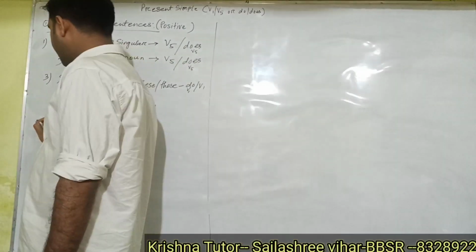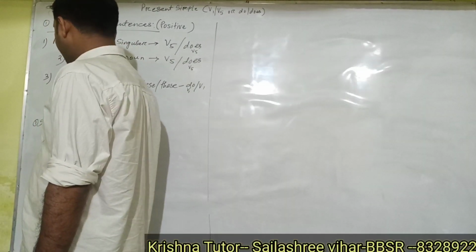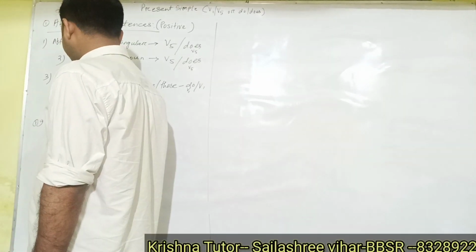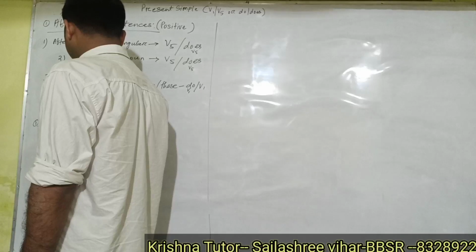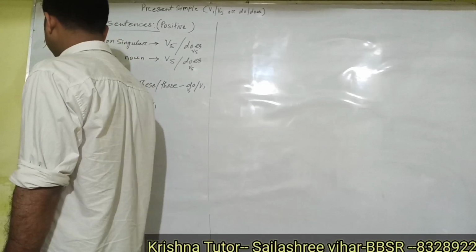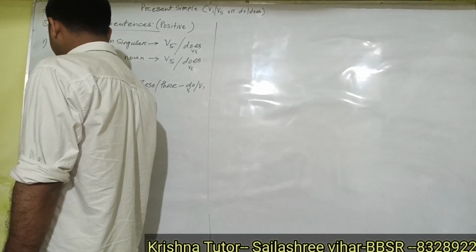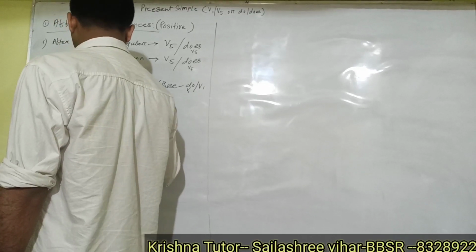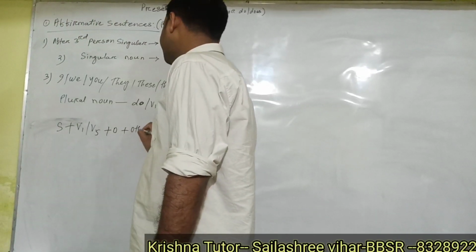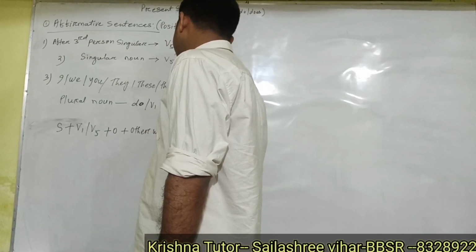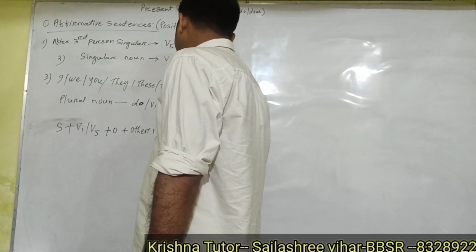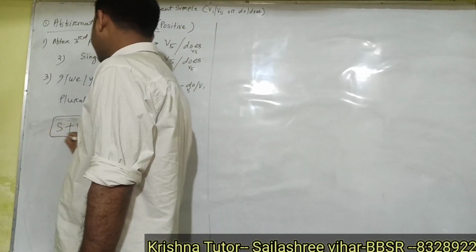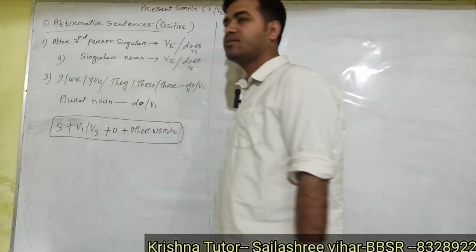If I say I go to temple, now I need to write the formula. Subject plus V1 or V5, plus other words. This is the structure of present simple tense affirmative formula.